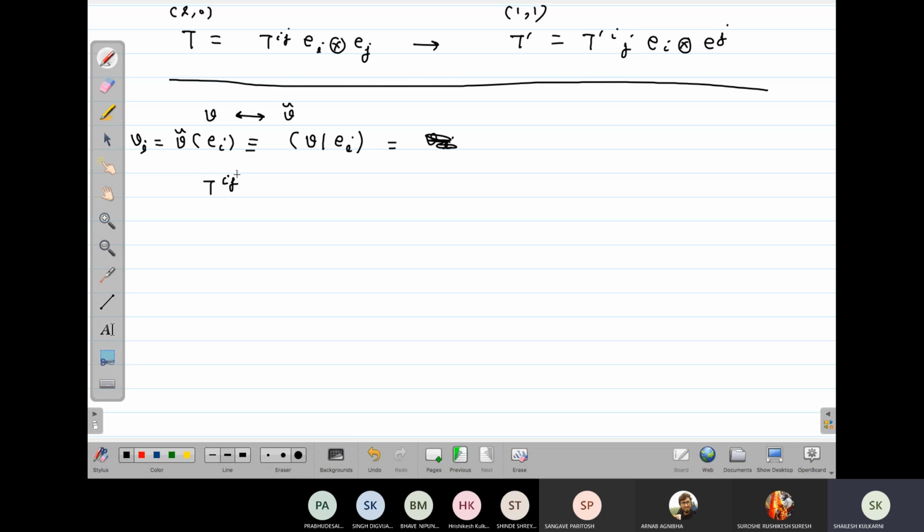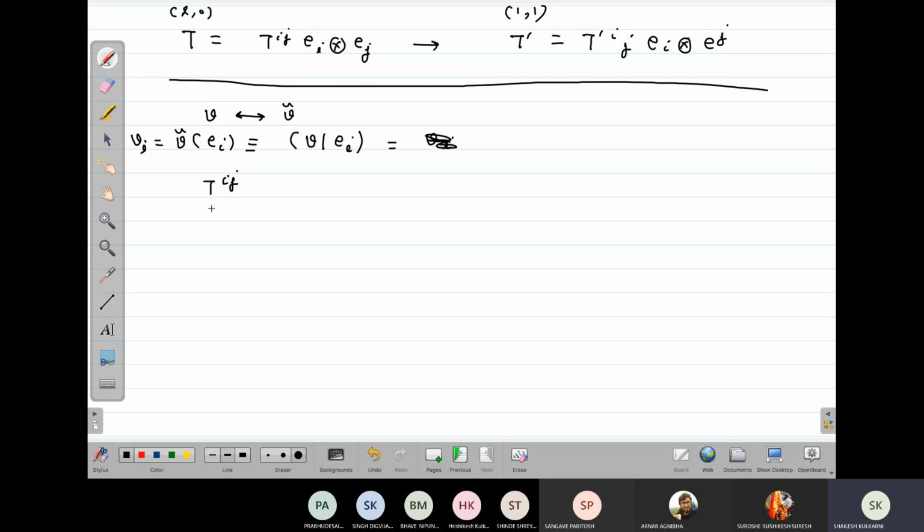We have a tensor space, right? The collection of all tensors of type 20 forms a vector space. That we have seen. A dual space corresponding to that will be a space of all tensors of rank 0 2. Clear? In a previous class we discussed this long back.